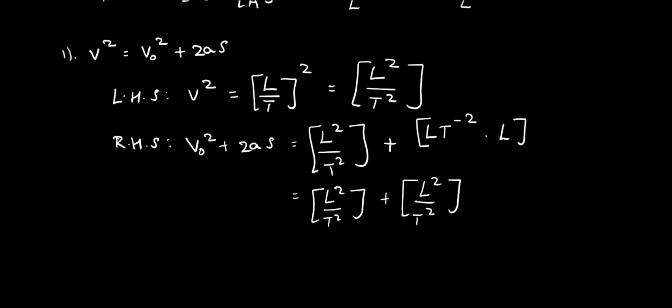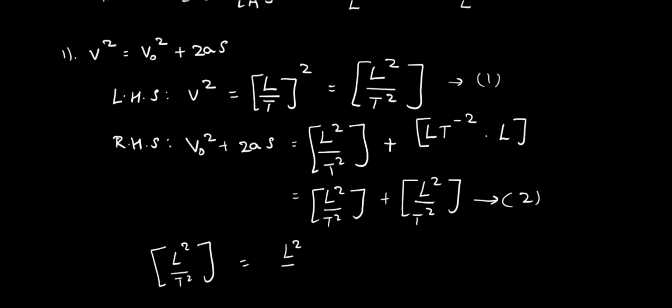Now if you look carefully, both the dimensions are the same. So this is 1 and this is 2. If you compare the LHS and RHS, we have L square by T square, which is equal to L square by T square.